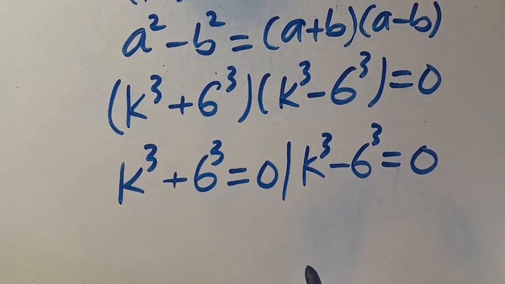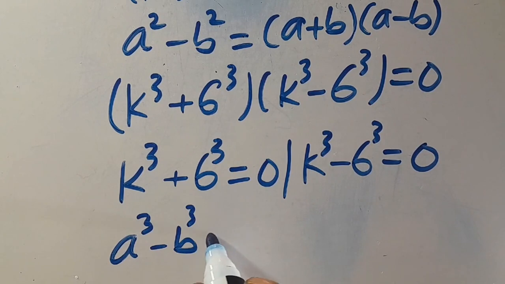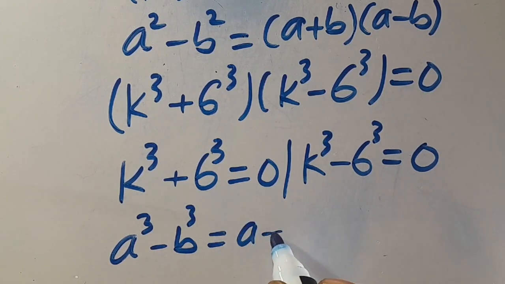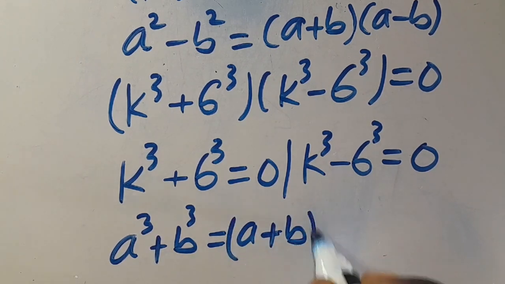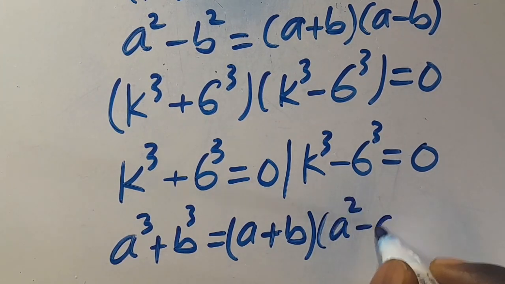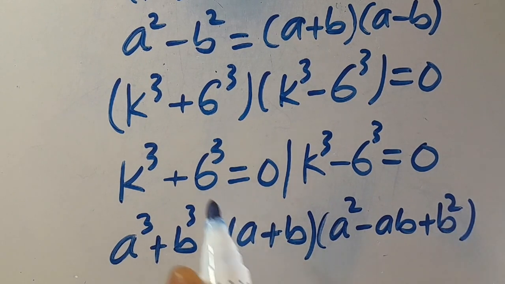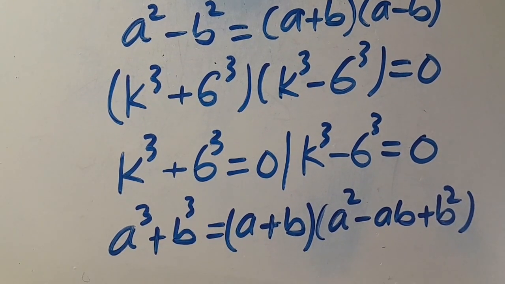Then let us also recall the sum and difference of two cubes: when you have a to the power of 3 minus b to the power of 3, it always equals (a minus b), then again multiplied by a square plus ab plus b square. So this one is equivalent to this.